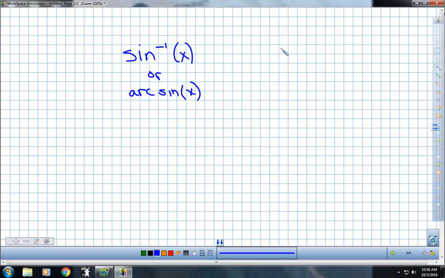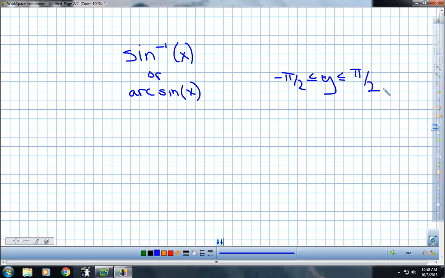The angle measures are limited to go from negative pi over 2 to pi over 2. Okay, the angle measures have to range from negative pi over 2 to pi over 2.